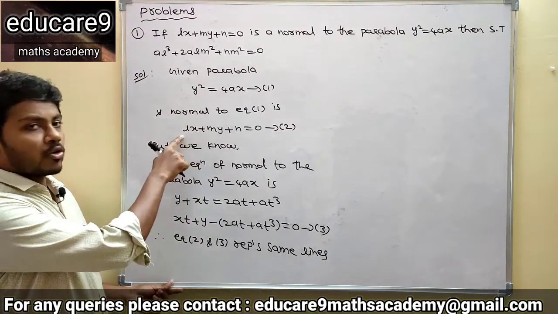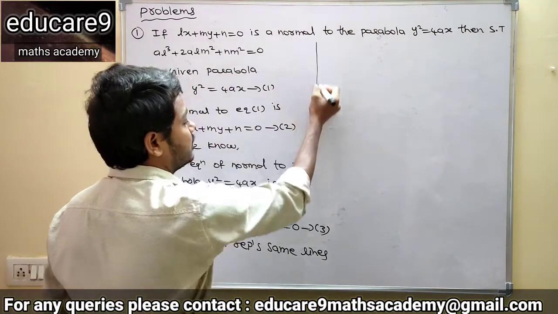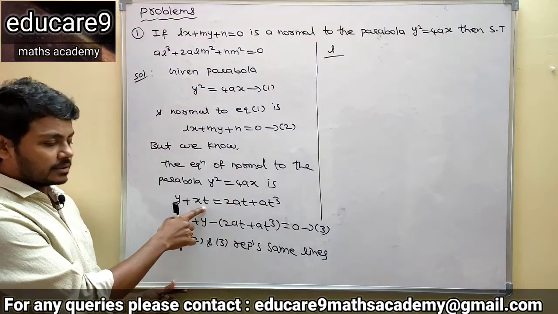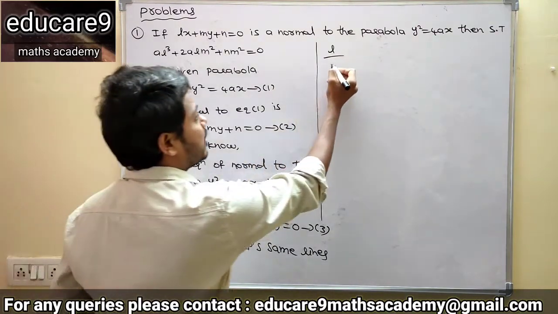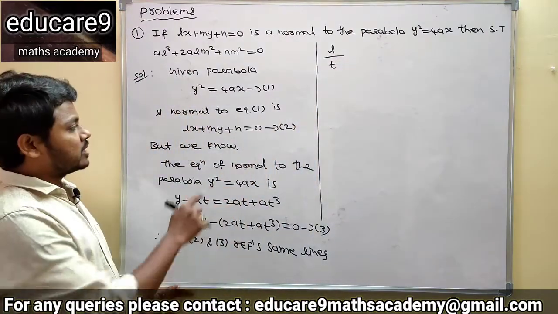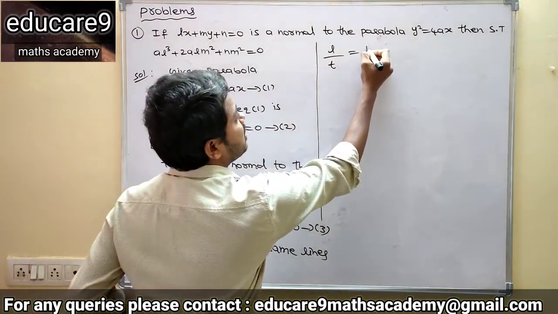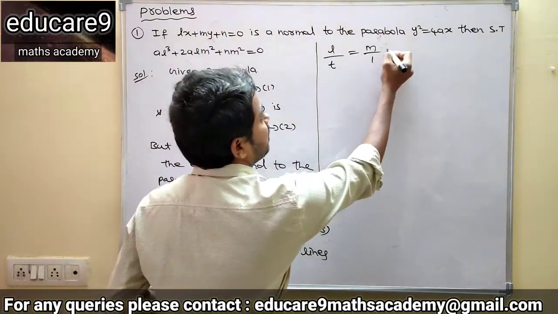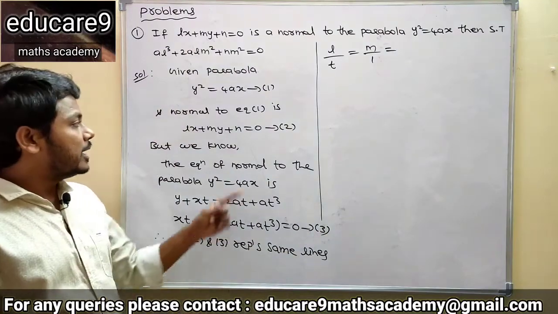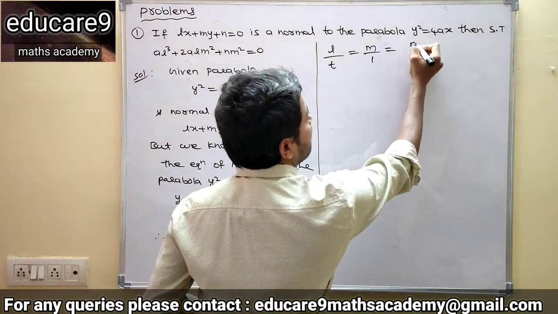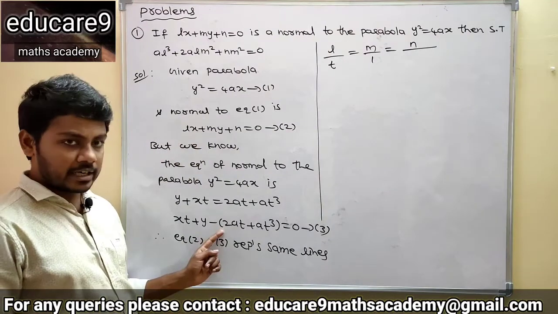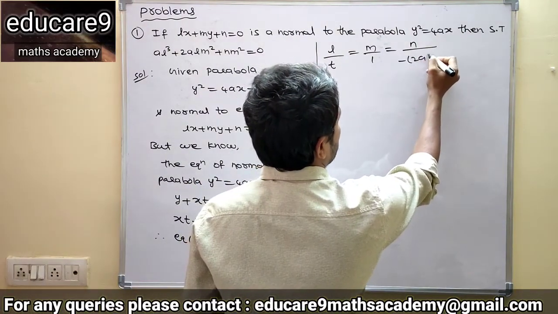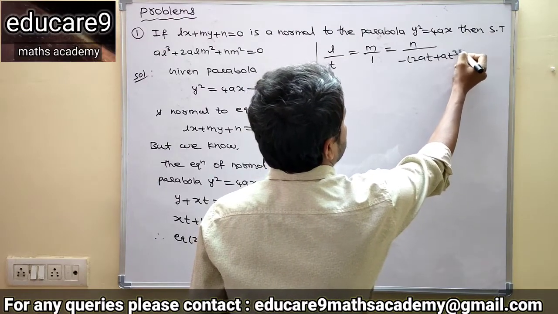Now what is the x coefficient in that? L divided by, here x coefficient t, so L by t. Next y coefficient m, this is equals to m divided by, here y coefficient is 1, so write 1, this is equals to, and constant n, so divided by, here constant minus 2at plus atq, so minus of 2at plus atq.